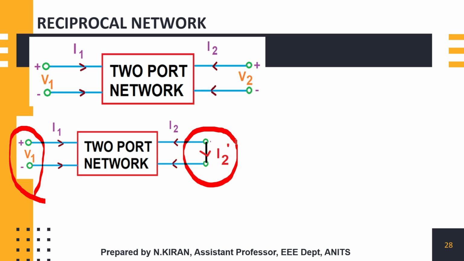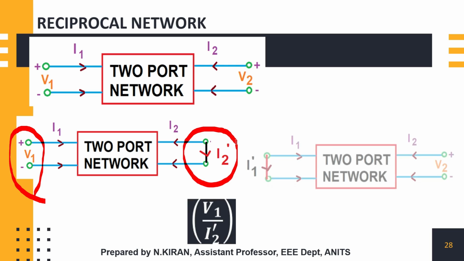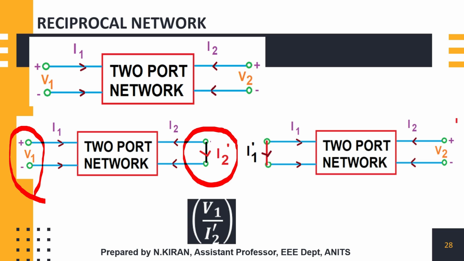In this case, the ratio of excitation to response is V1 by I2 dash. Now I will interchange the positions of excitation and response. As you can see, I have considered excitation at the second port, and now I have short circuited the input port and considered the response in the input port.